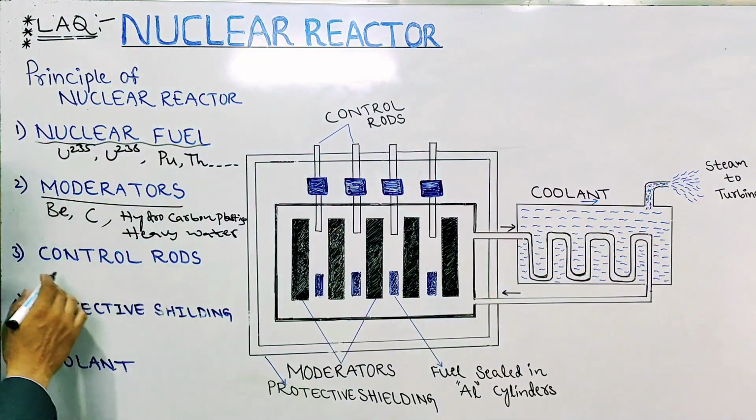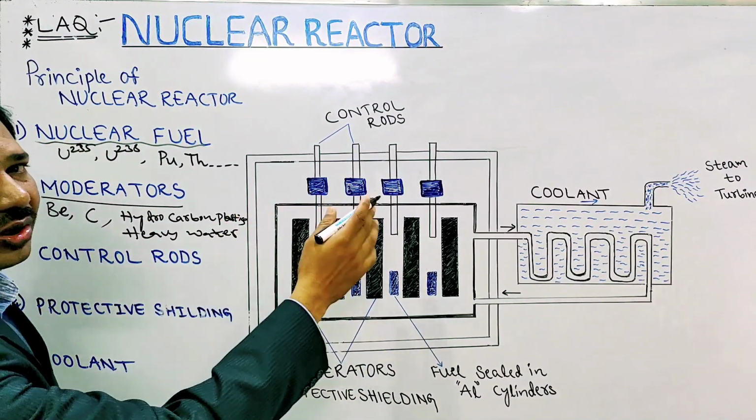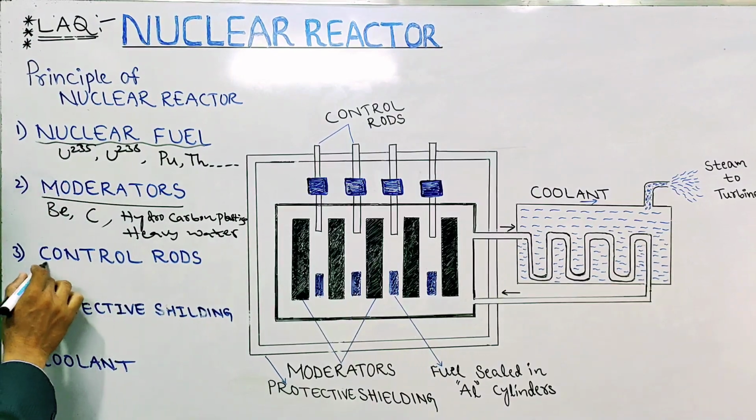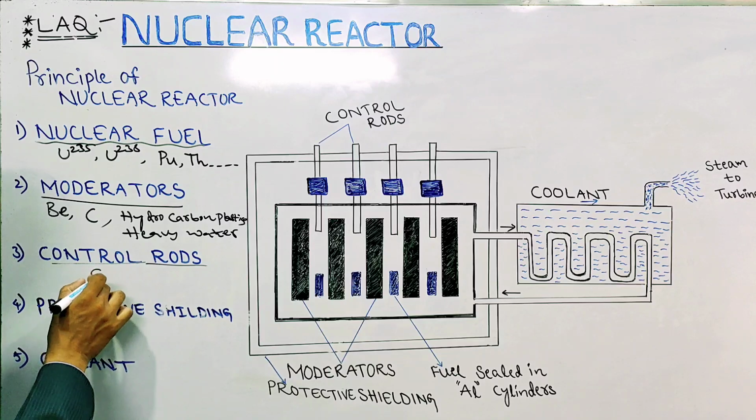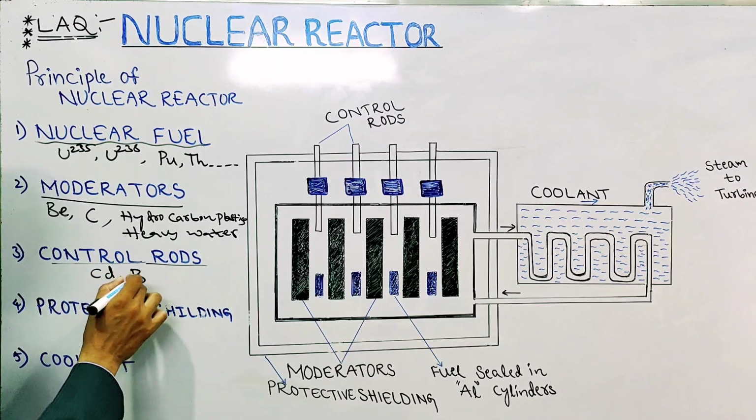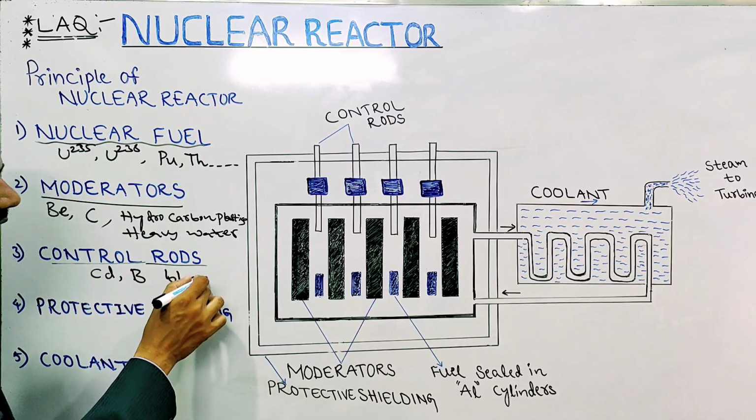Generally, cadmium or boron blocks are used as control rods.